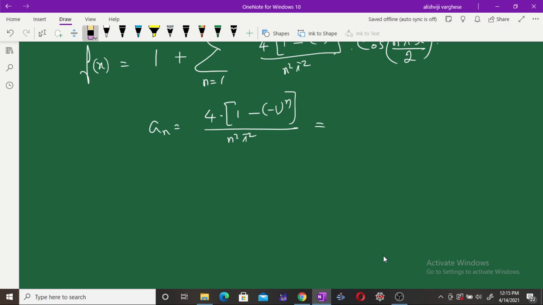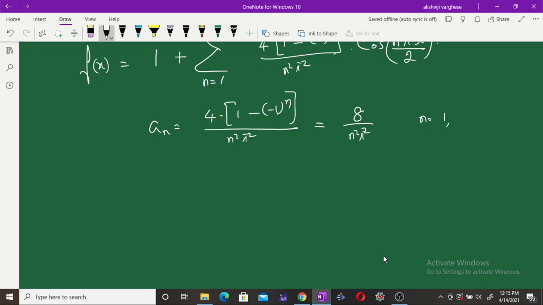So when n is equal to 1, it is 1 minus minus 1, that is it becomes plus 2, that is 8 by n square pi square.